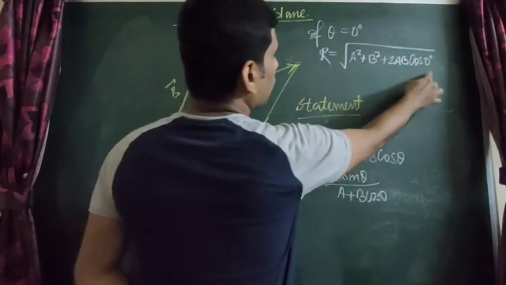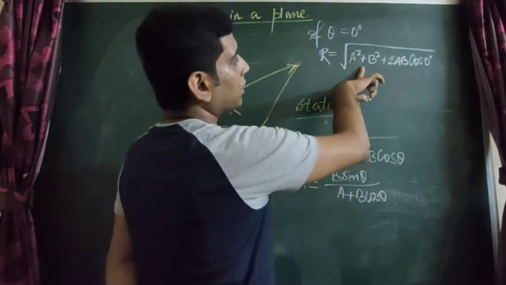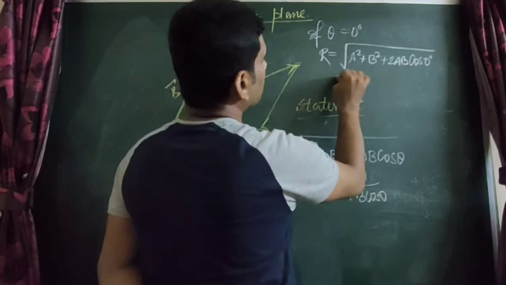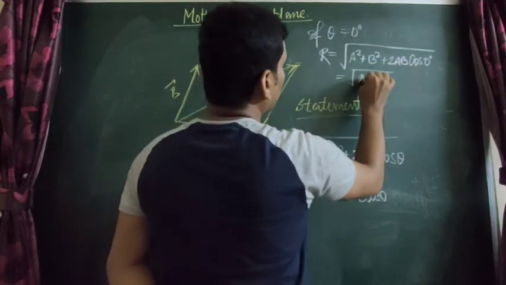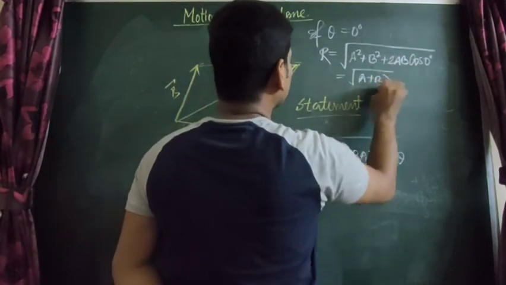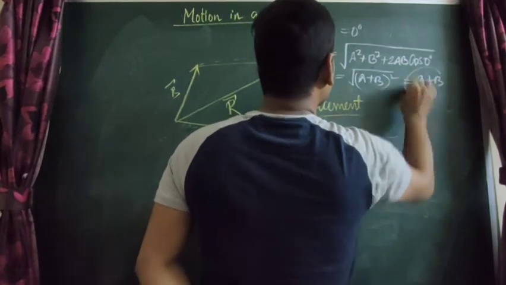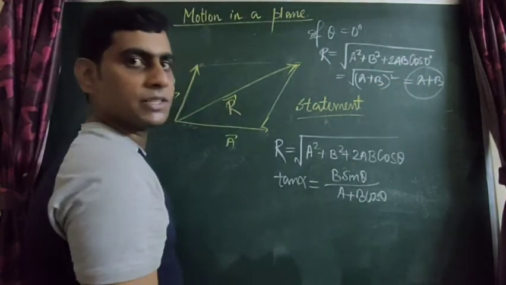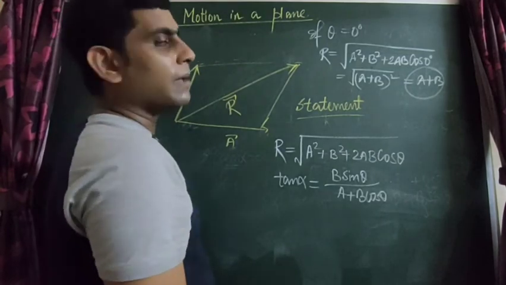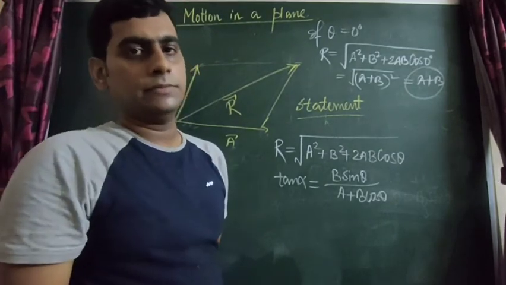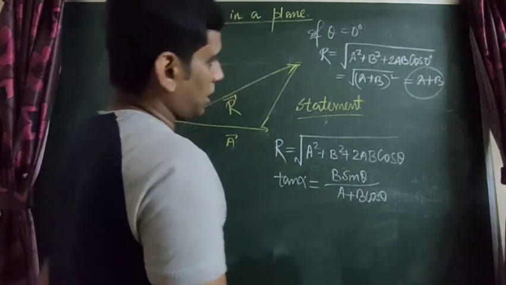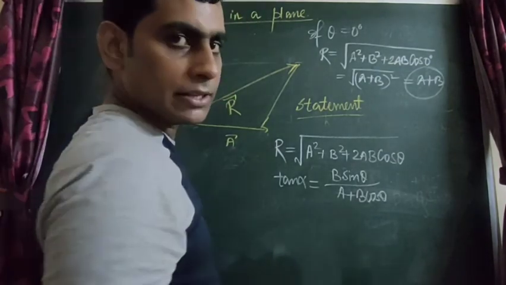Cos 0 is 1, so it is root over a plus b whole square, and the value comes as a plus b. This is the maximum value of the resultant. So the resultant is maximum if the vectors are parallel and in the same direction, angle 0 degree.